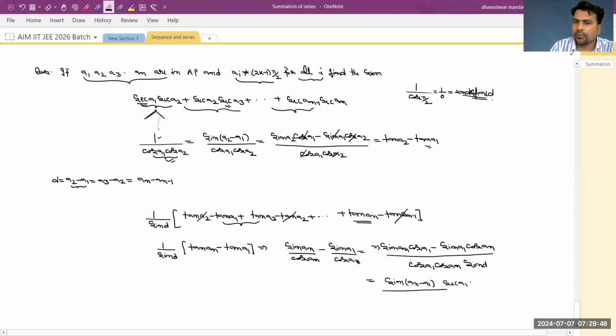If I want to write the answer in sec, I can write it this way: sine of (n minus 1) into d, divided by sine of d, times sec of a1 and sec of a of n.